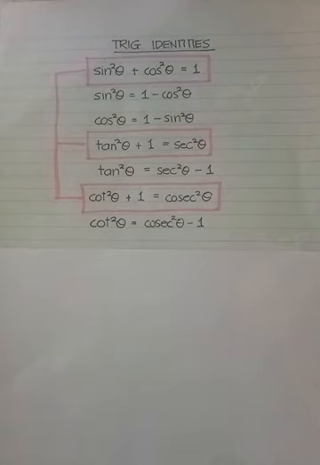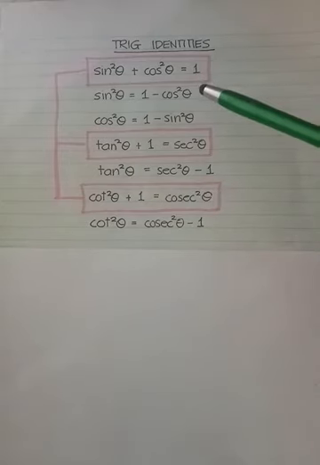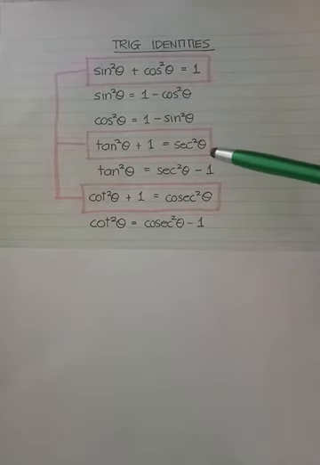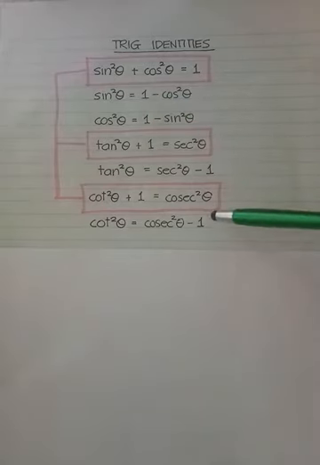Okay, to summarize what we've learned so far, by using these building blocks, we can now tackle any problem that they'll ask us concerning proving trig identities. Now in pink, those are the three that we were able to derive. And from these ones, we were able to break it down again into other expressions of sine squared, cos squared, tan squared, and cot squared.